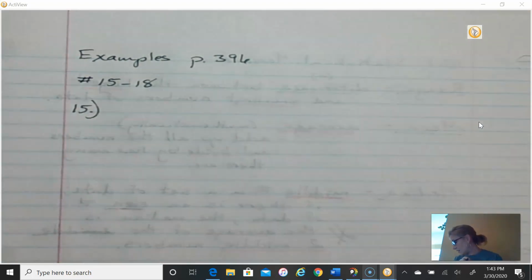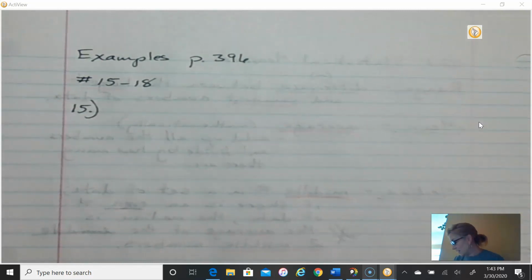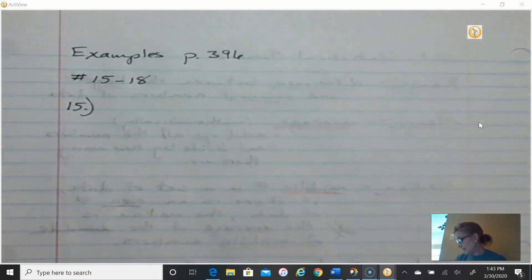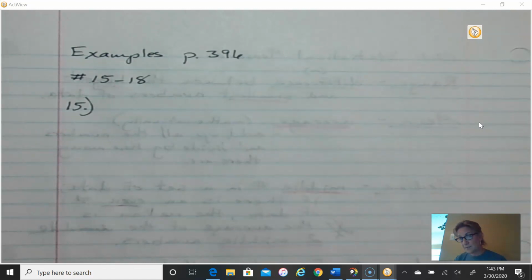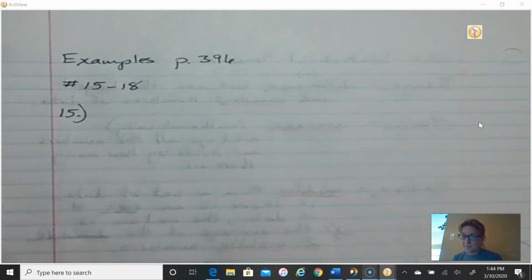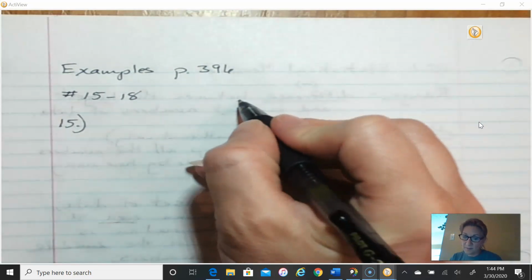Okay, so for number 15, it says, read the directions with me, find the range, mean, median, and mode of each set of data. Round answers to the nearest tenth. Now for 15 through 18, they give you the set of data, and I'm going to write it right here.